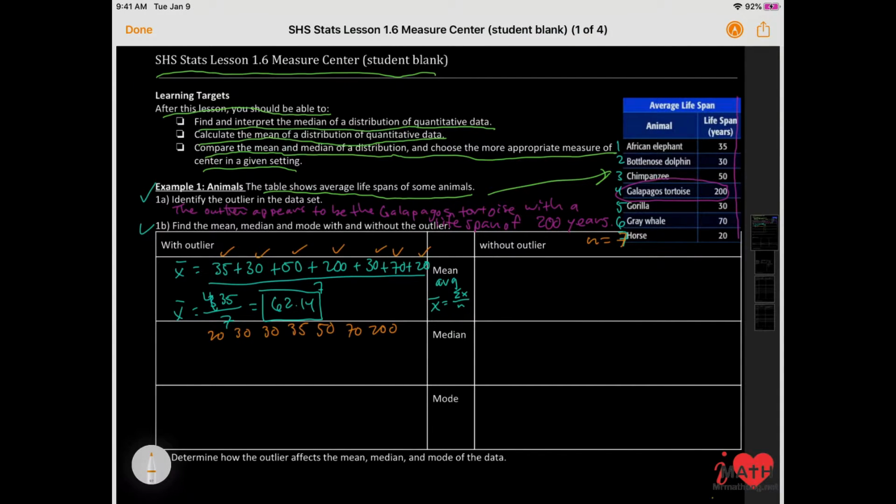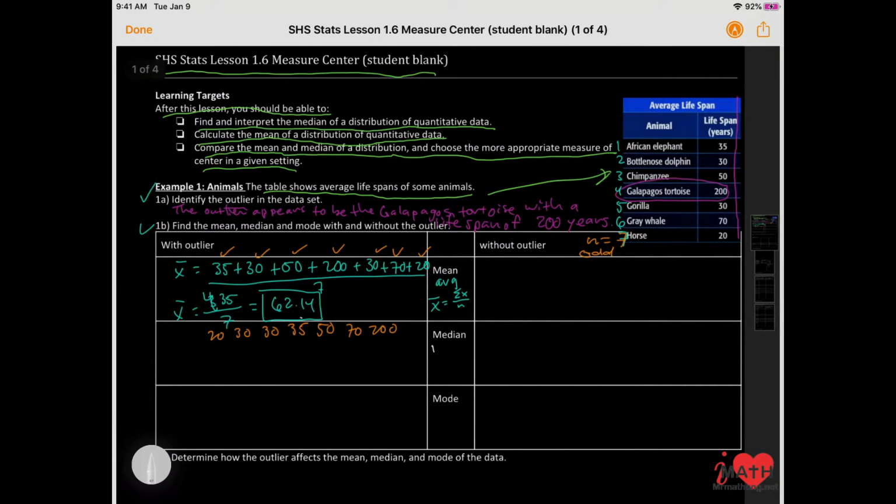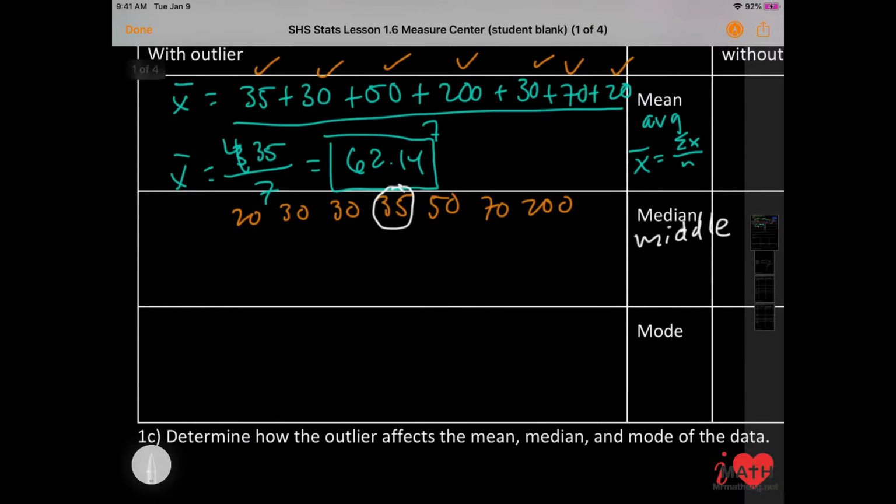That means the number of animals is odd, and odd just implies that you pick the middle number. Median, remember, don't jaywalk. Don't stand in the middle of the street. The reason why 35 is the median is because there are 3 numbers to the left and 3 numbers to the right. So our median is 35.